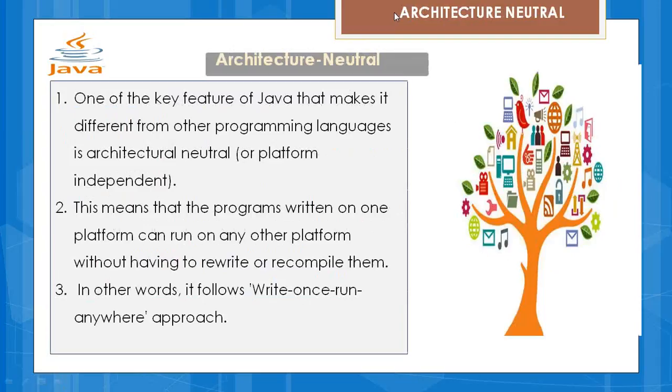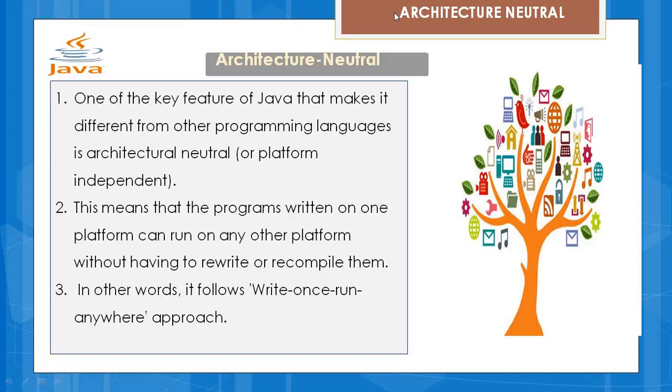Then we come to architecture neutral. By architecture neutral we mean Java is a platform independent language. It provides us with the feature of write once, run anywhere. That means we can write code using any kind of processor, any kind of OS, and without giving us any compatibility issue, it will execute anywhere on any other platform.